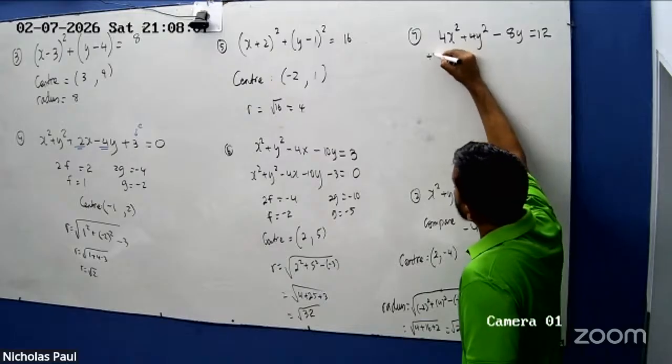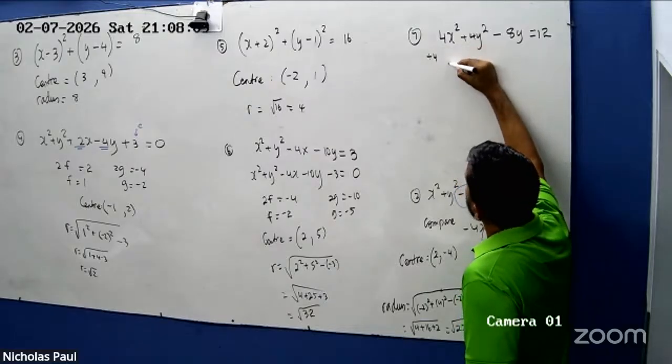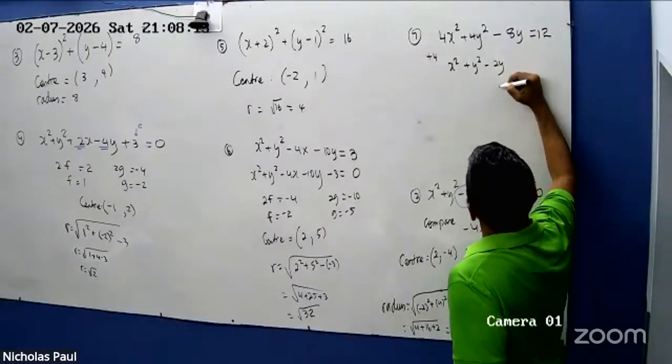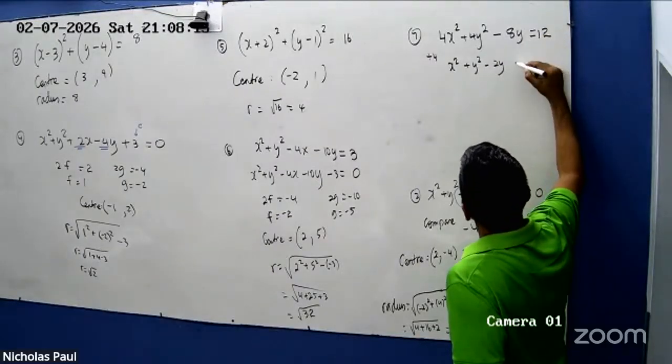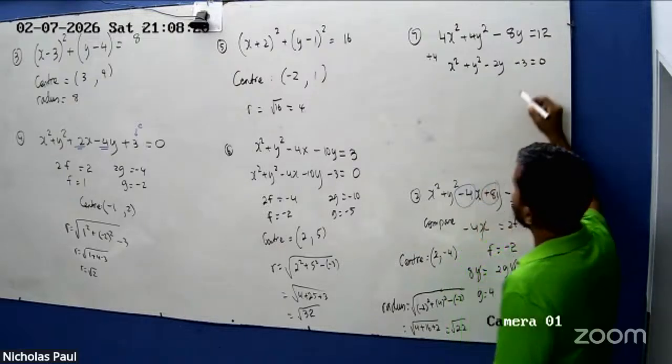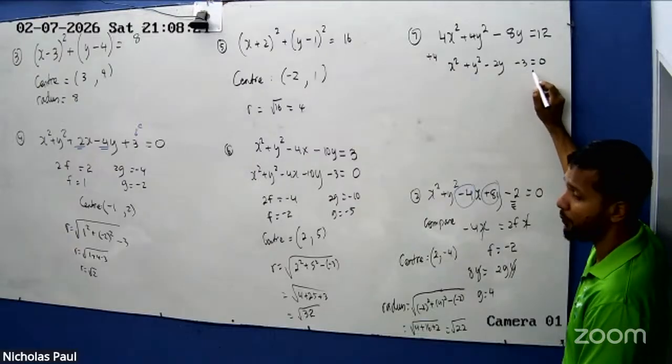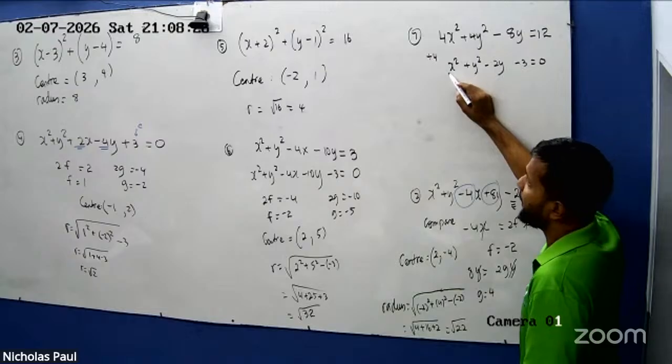If I divide by 4, I'll get x² plus y² minus 2y. When I move across the 12, 12 divided by 4 is 3. So your equation actually looks like this. You must have 1x² plus 1y².